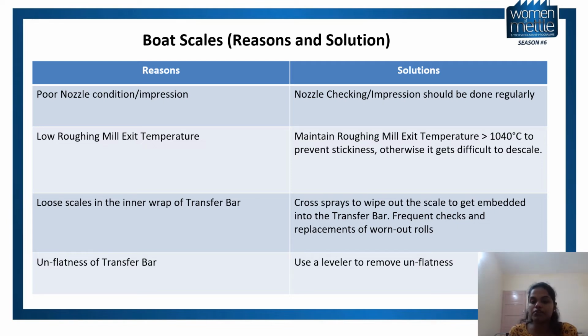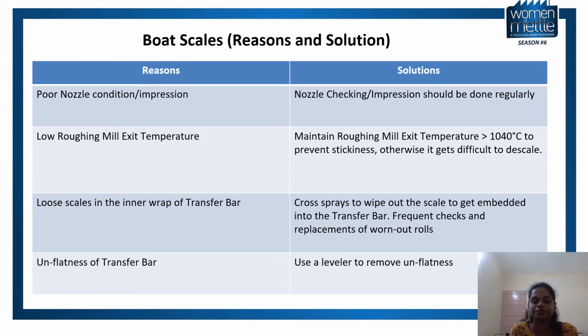Steps which we can take to reduce these formations are proper nozzle checking. Every time we have to keep the nozzles in check, and impression should be done regularly. We should maintain the roughing mill exit temperature above 1040 degrees C, which will prevent the stickiness. Otherwise, it gets hard to descale.